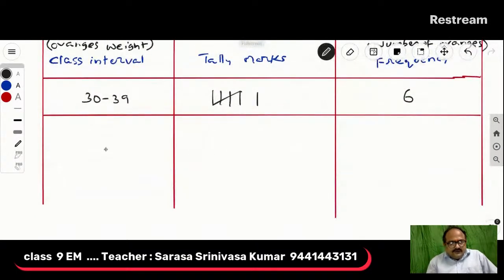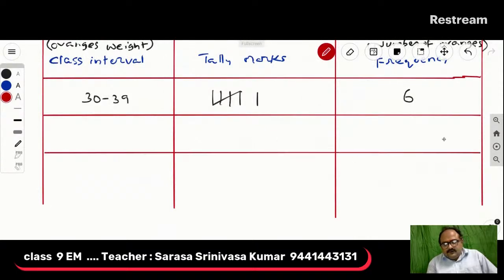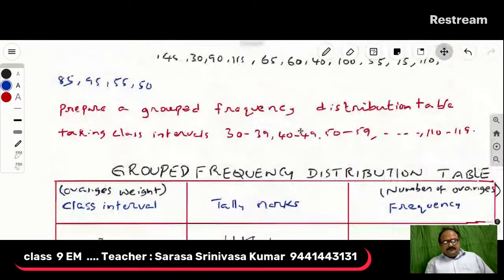Now we consider the next class interval. What is the next class interval? 40 to 49. Now let us count how many oranges are there having weight from 40 to 49 grams.